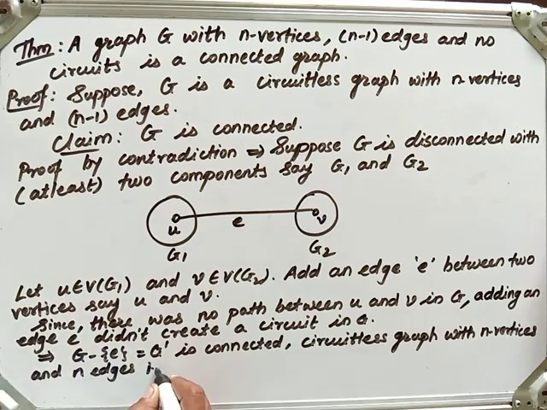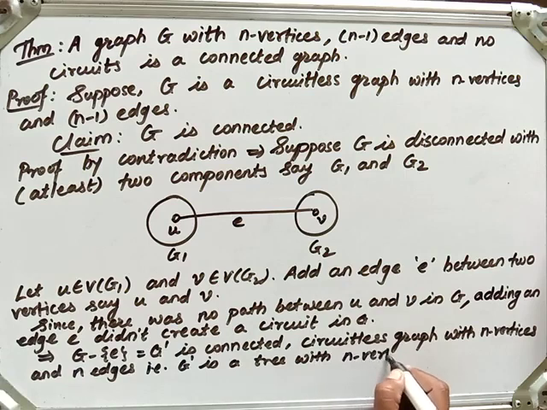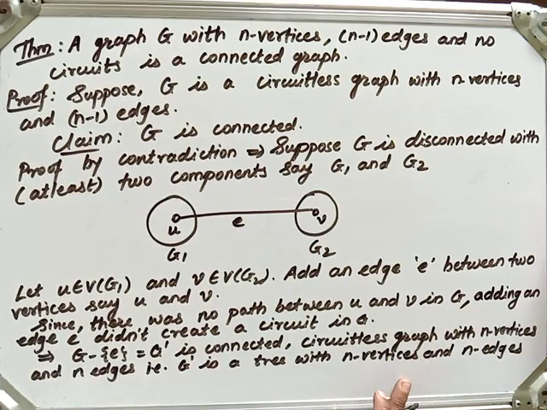That is, G dash is a tree with n vertices and n edges. If it is a connected circuitless graph with n vertices, n edges, so it will become a tree with n vertices, n edges, which is a contradiction.